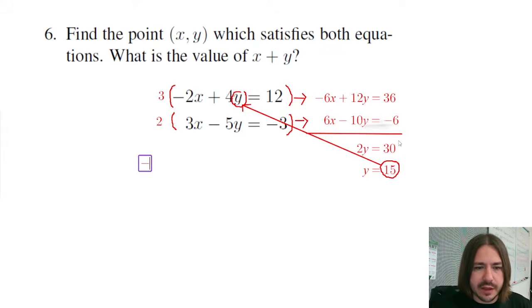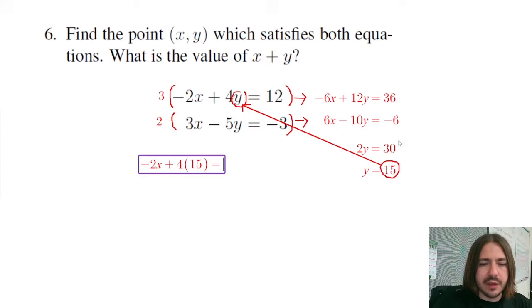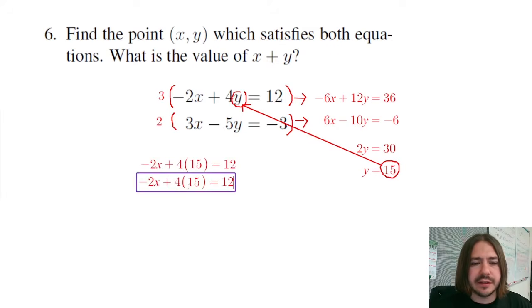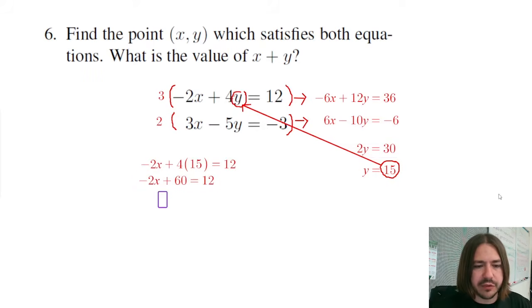So that's going to give me negative 2x plus 4 times 15, which is going to be 60, equals 12. So 4 times 15 is 60, so we'll replace that 4 times 15 with the 60. Then we'll subtract 60 from both sides and get negative 2x equals negative 48. And finally, we'll divide both sides by negative 2 and get x equals 24.